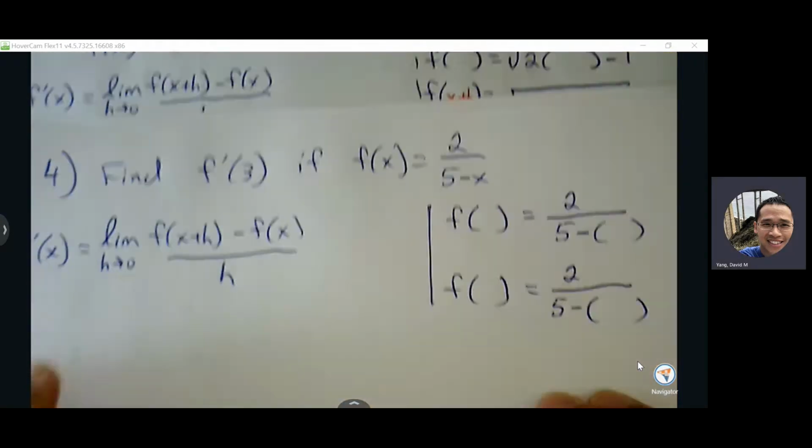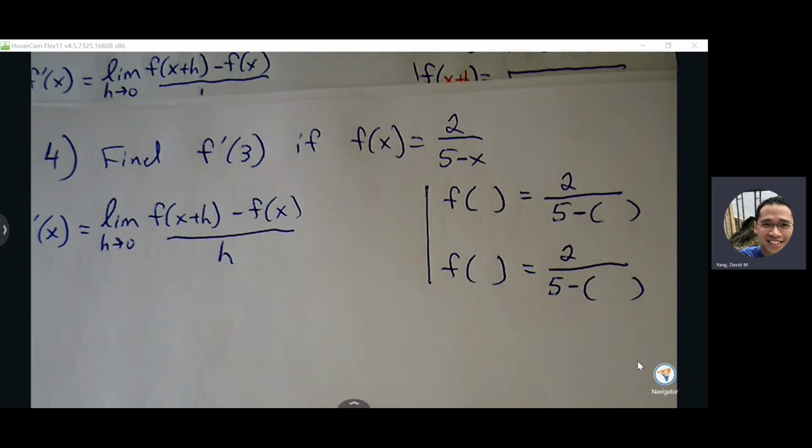Go ahead and rewrite your function using parentheses so that you know exactly where to put that x plus h.